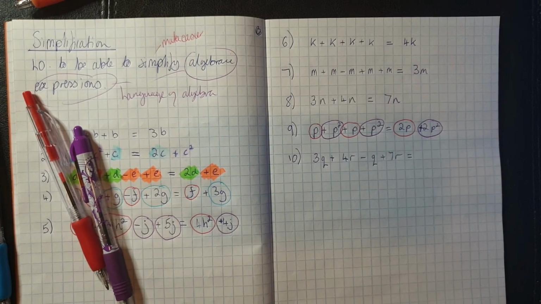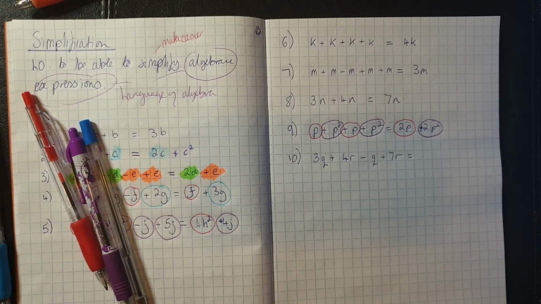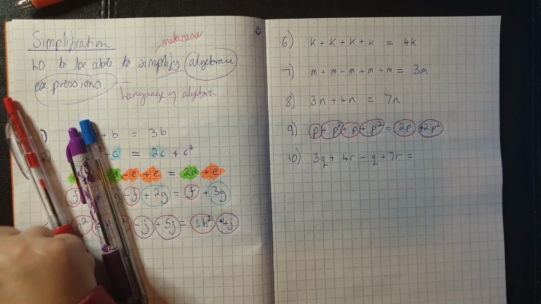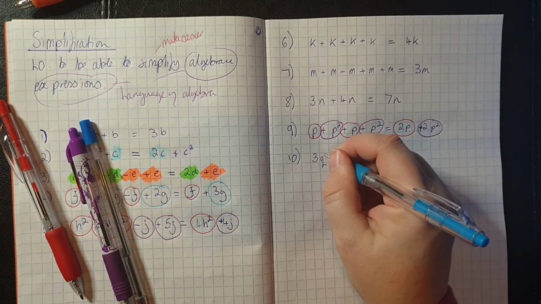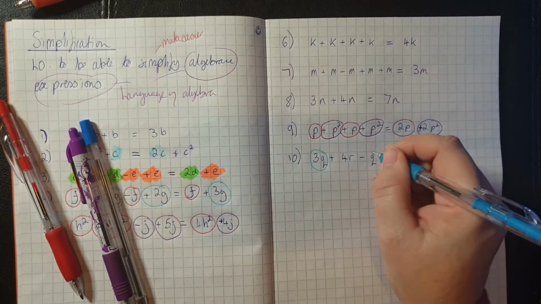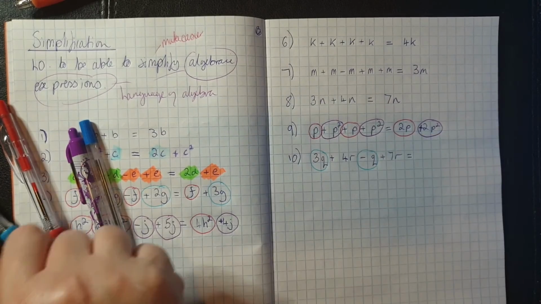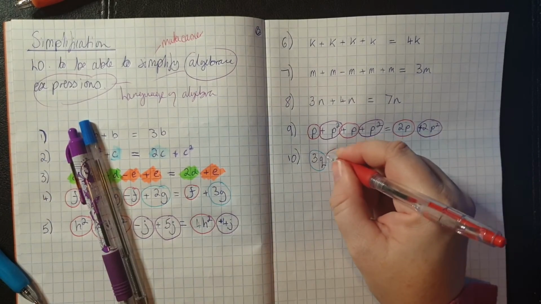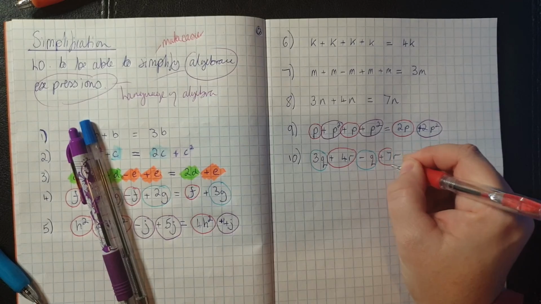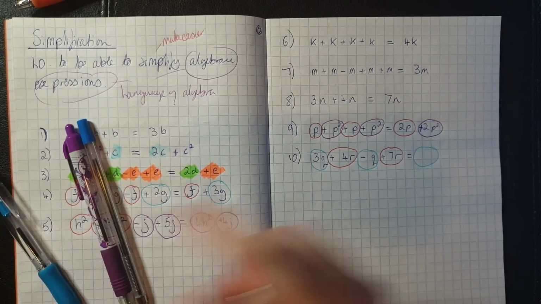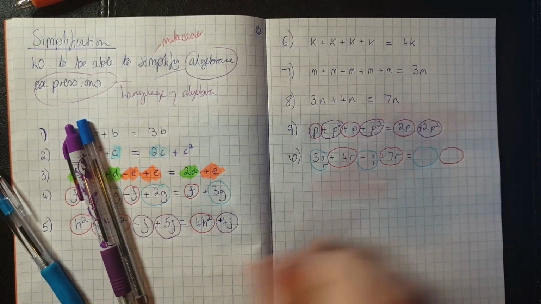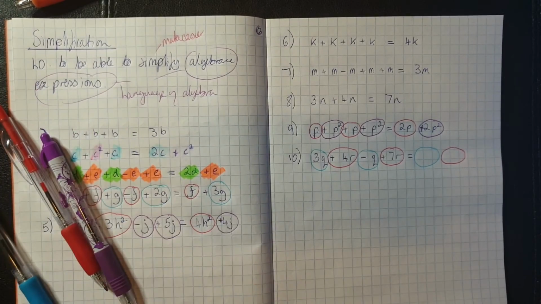Okay, final example. Again, I'm going to colour code first. Well, I've got Q's and I've got R's, so I'm choosing to put the Q's as blues, and I'm choosing to put the R's as reds. And again, this is just setting it up to work it out. No marks gained so far, but it means I can break it down easier.